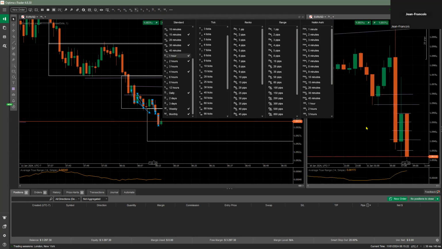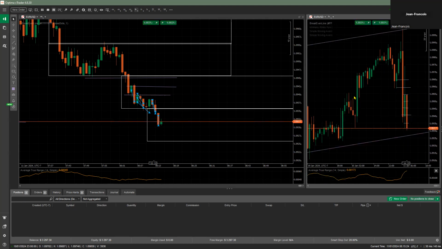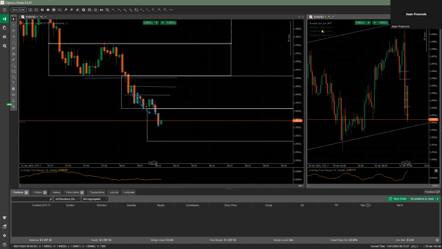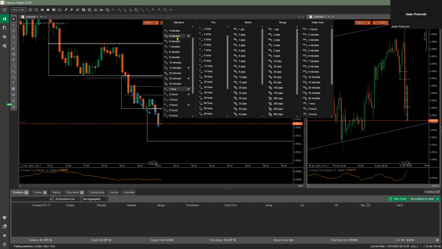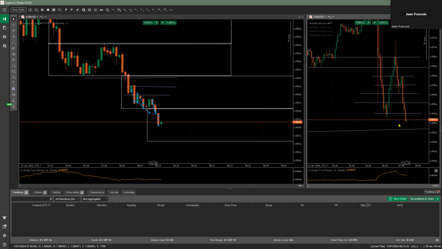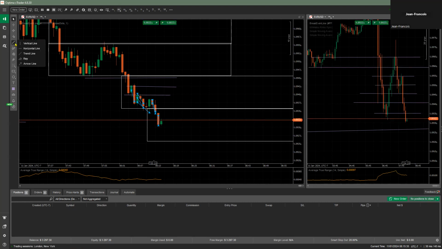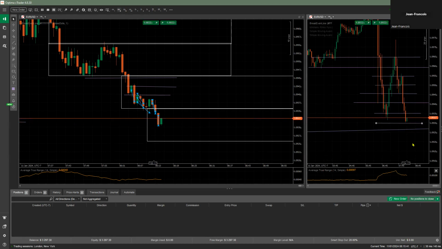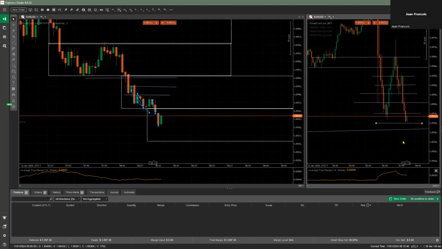Doing so on an hourly chart, the bias becomes clear. And then doing so on a 5-minute chart, you now have action points, levels where you must ask yourself, do I want to add to my winners? Do I want to close a loser? What do I want to do here? All right, because it's an opportunity to do something.